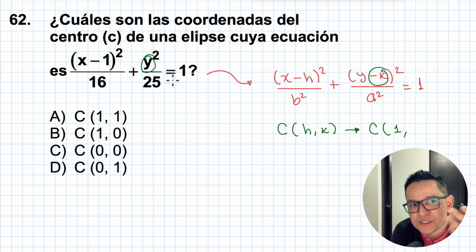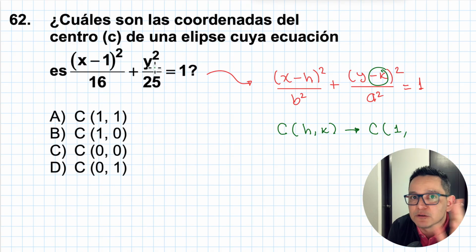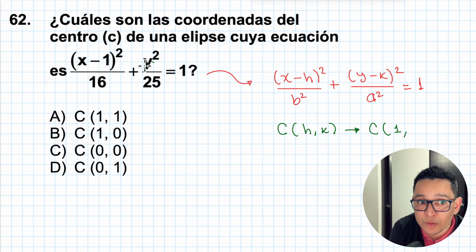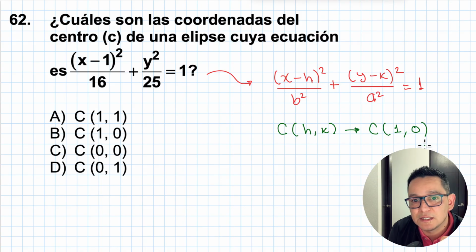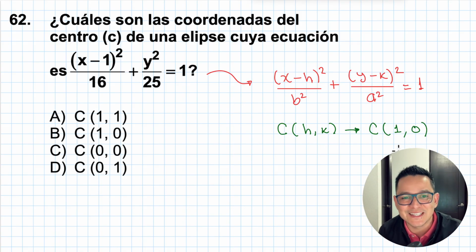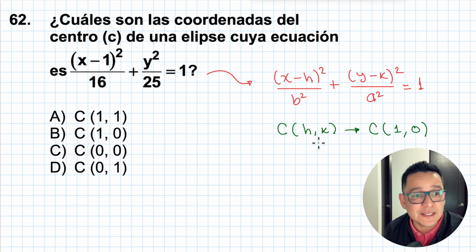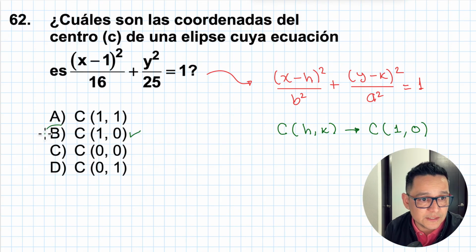Actually, there's a 0. It's as if it were y minus 0 squared or y plus 0 squared. So k is 0, because there's nothing here. So here I'd have a 0 on this side, and that's all I have to do. The center has coordinates (1, 0). Therefore, we circle option B.